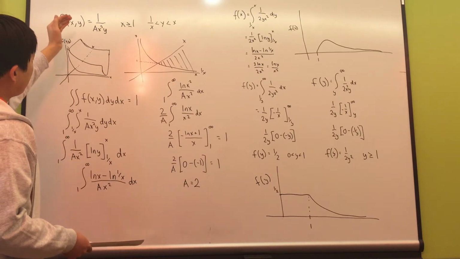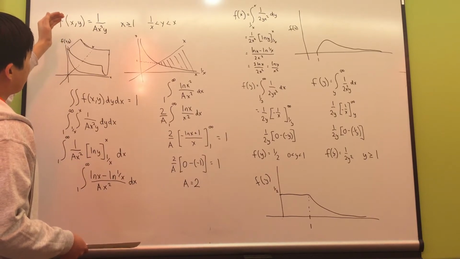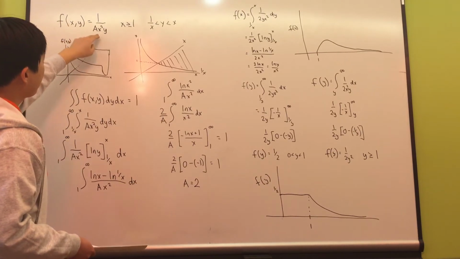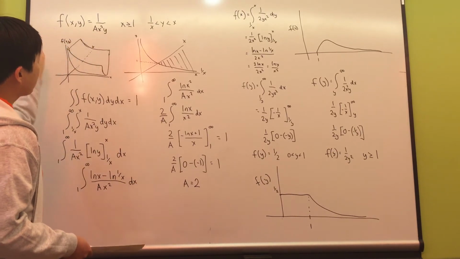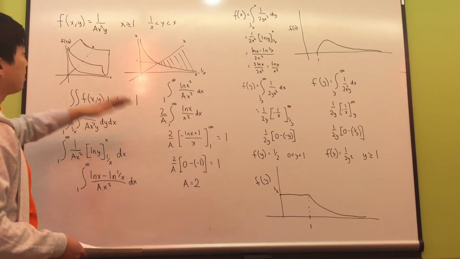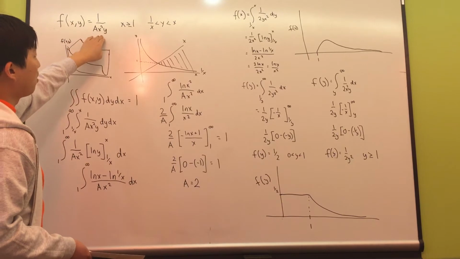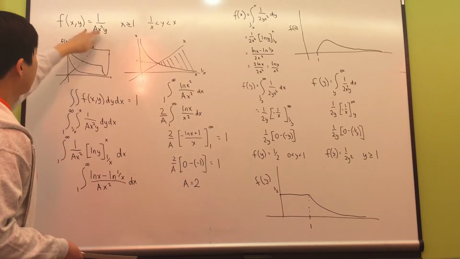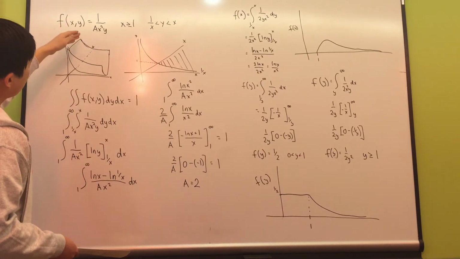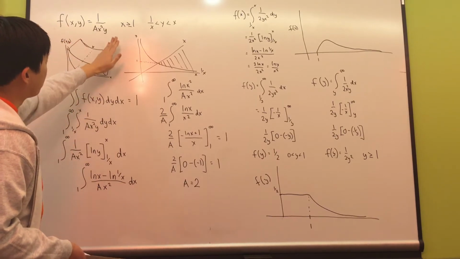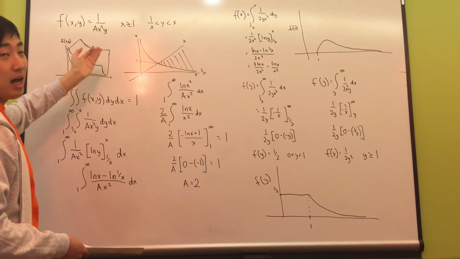It kind of looks like a quarter of a bowl. But since it's 1 over x squared, the x component decreases a lot faster as x increases than the y component, which is only 1 over y. So it'll be like a lopsided bowl.